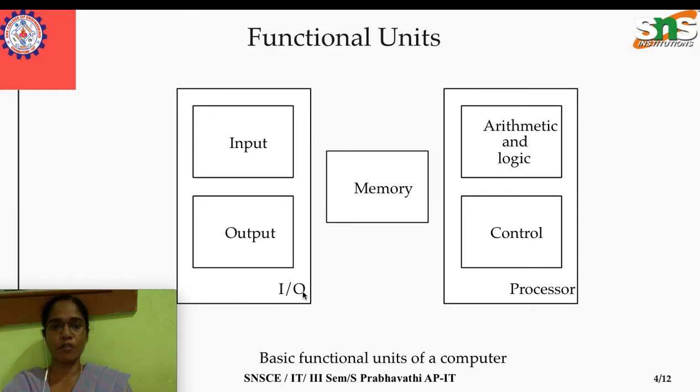So input, output, then memory. Memory is the major functional unit of a digital computer system. And we have the processor. The processor carries out all the activities, ranging from calculation and processing our request to sending the output.